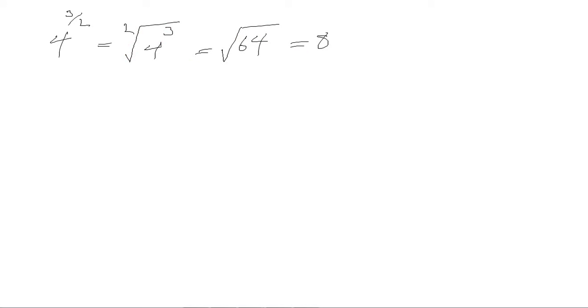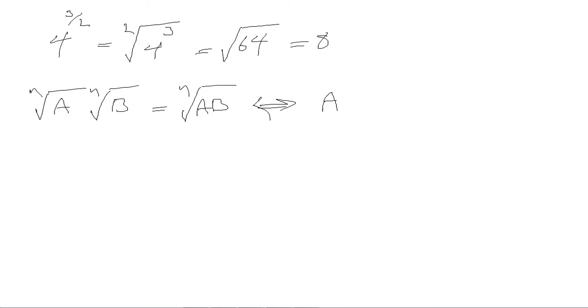Okay, there are a number of radical rules that we're going to use while we're simplifying radical expressions. The first one is the radical index n of a times the radical index n of b is the radical index n of ab. This one is equivalent to a to the power of 1 over n.